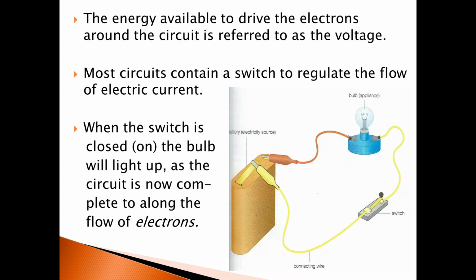So for most circuits there's a switch on it, and the switch will regulate it by switching it on and off. If there is no switch, then definitely you will have to do it manually.